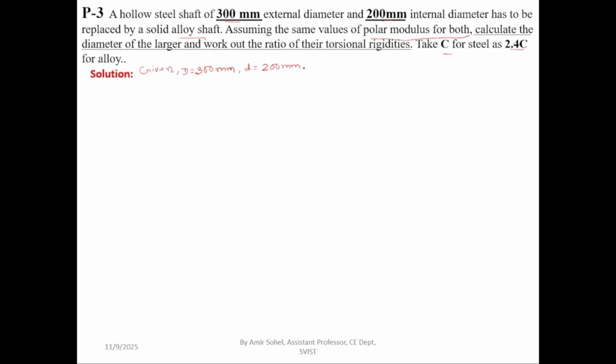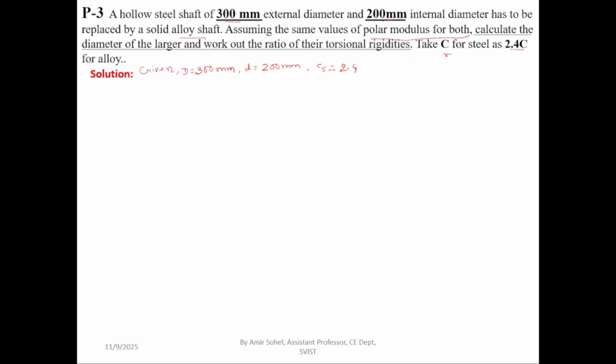Modulus of rigidity for steel, denoted by Cs, is equal to 2.4 as per the question, where Ca is the modulus of rigidity for alloy.